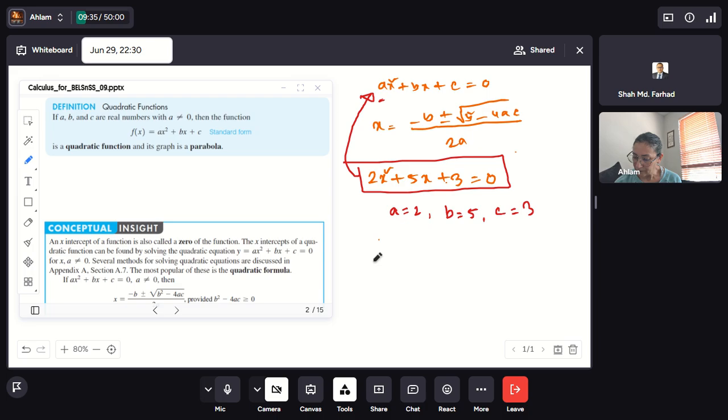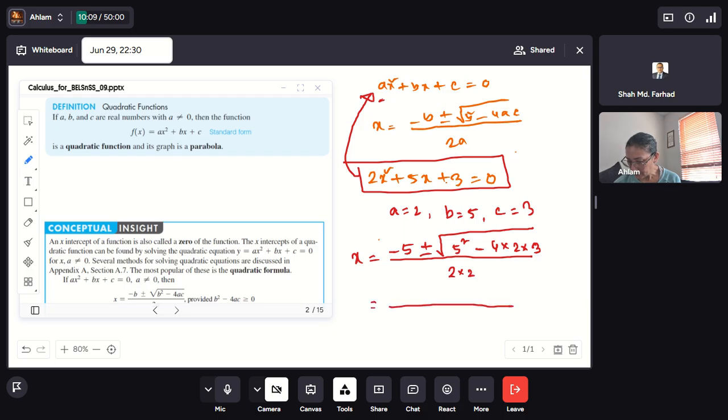here in the solution formula, that is x equals, negative b, that means negative 5, plus minus root over b squared, that means 5 squared, minus 4 times a, which is 2, and then c, which is 3, divided by 2a, that means 2 times 2.